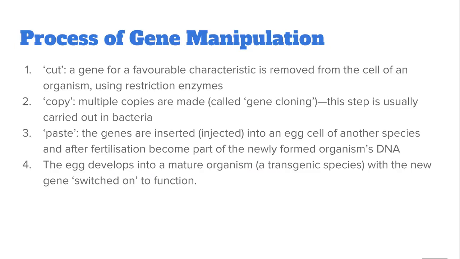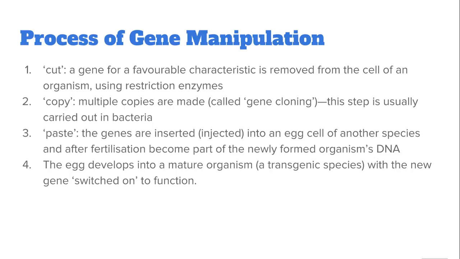Here is a sequence of steps. So we cut, the cut process, is first. The gene that is favorable is removed from a cell of an organism using restriction enzymes. We copy that bacterium, that plasmid which has had the gene inserted into it.